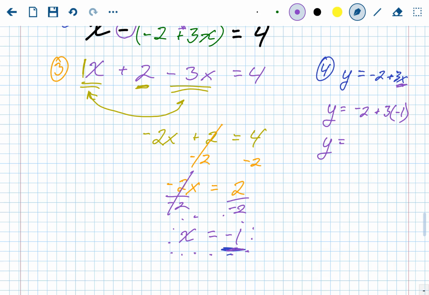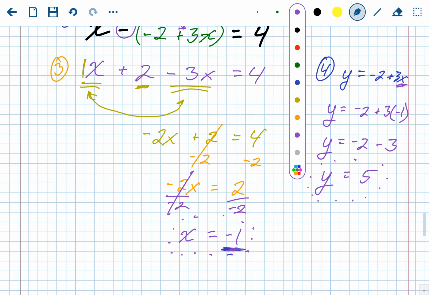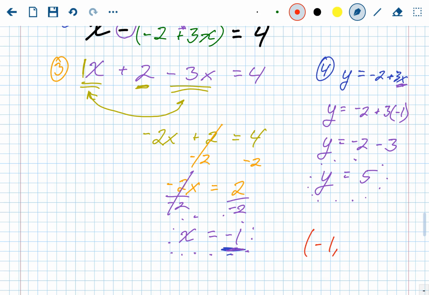Just simplify: 3 times negative 1 is negative 3, and negative 2 minus 3 is negative 5. So that is my y value. I know x, I know y, so just write it as an ordered pair: x comma y, negative 1 comma negative 5.